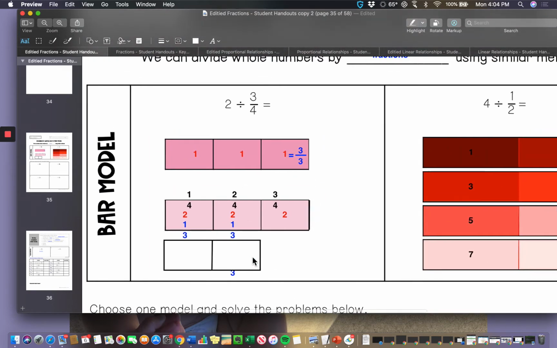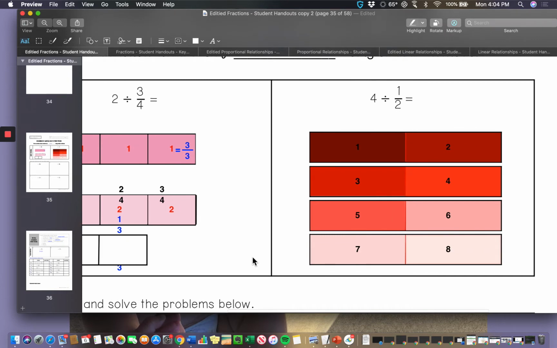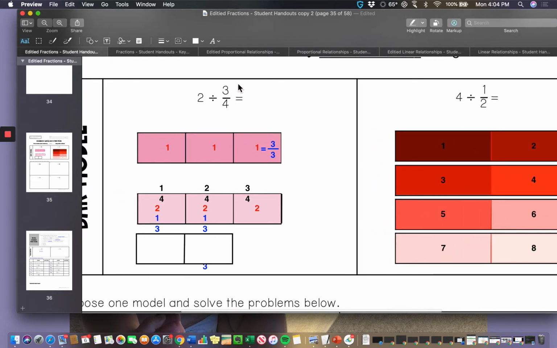Alright, so for the next problem, oh, finally the answer, right? So how many sets did I have? I had a set of 3/4 here. There was one set, two sets. So I had now a total of two wholes, which would be 1/3 plus 1/3 plus 1/3.